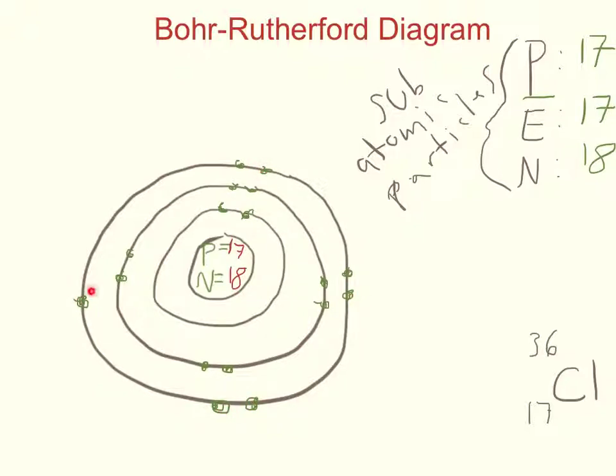Right here. Those are called valence electrons. See, there's 7 on this orbit, the last valence orbit or valence shell. And then there's the exact same number of valence electrons.